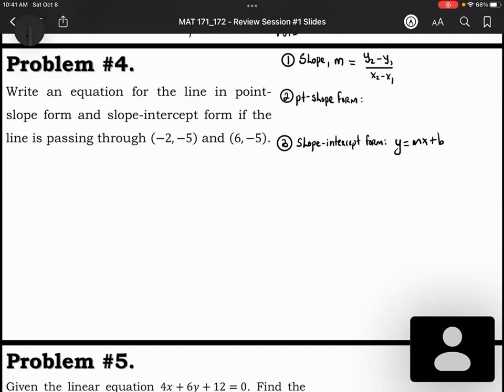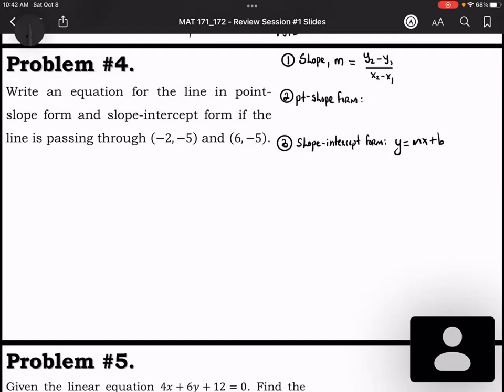Pardon me, but wouldn't it be y2 minus y1 equals m times x2 minus x1? You're close. When you're looking at the point slope form, all you really need is just 1 point and your slope.